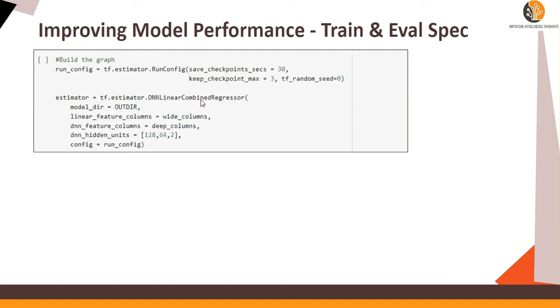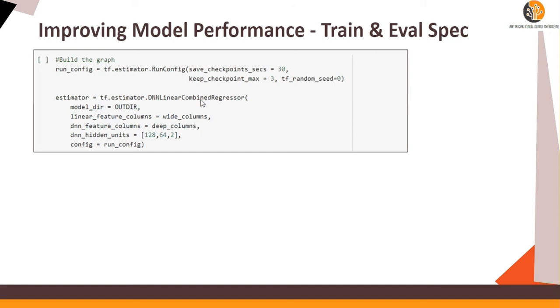So when I say DNN linear combined regressor, that means the wide columns which are sparsely populated will go through the linear regression path, and the columns which are deep columns would go through the neural net path. So this is the meaning. Don't get too much into detail. You can read or Google it. But for now, just imagine that it's a combination of deep neural network, which is DNN, and the linear regression, which is very typical. And you get the best of both worlds.